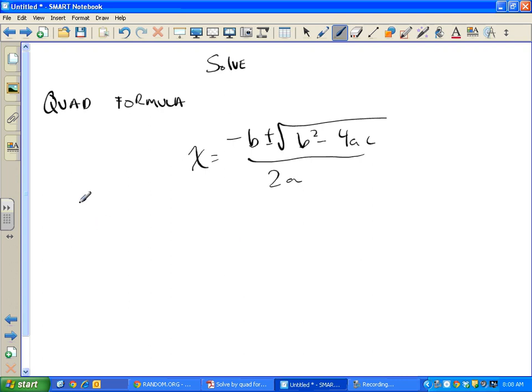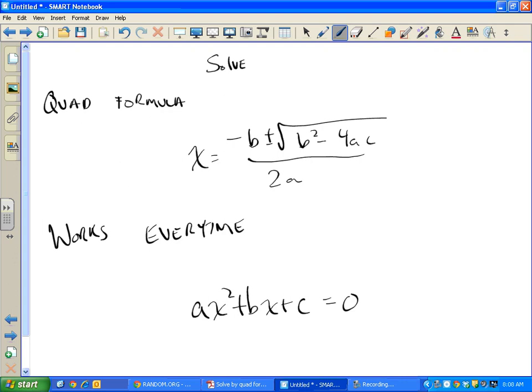So, and then this one's good because it works every time. But you have to get it in what form? It has to be in this form, doesn't it? Ax squared plus bx plus c equals 0. You have to have it like this.